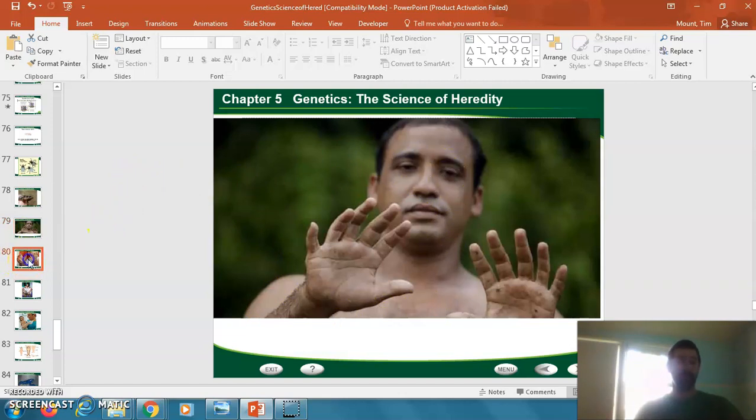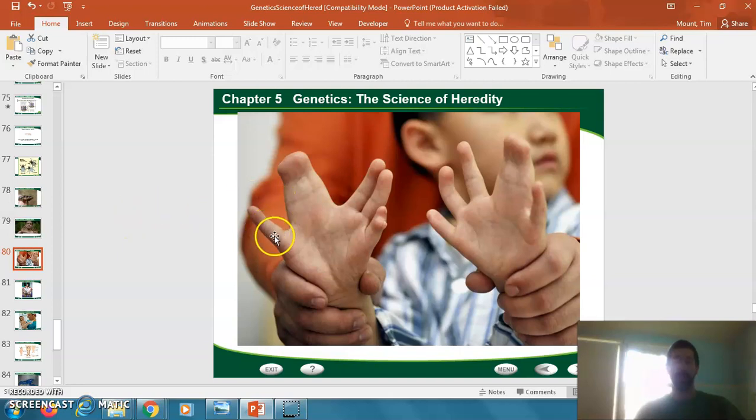Next one here is with a child here, and it looks like they had a mutation to have also a different amount of fingers, but some of them got fused together, which can happen sometime throughout the process of development. Some type of mutation occurs, and the fingers did not separate as they were supposed to.